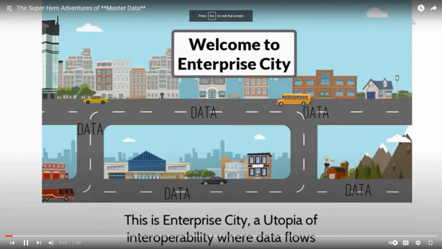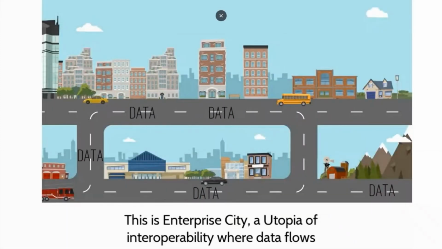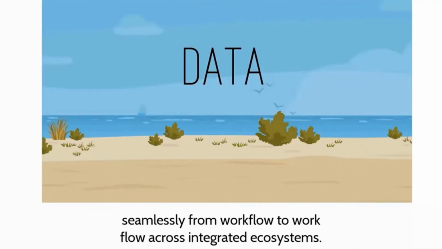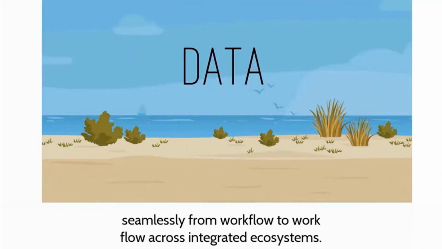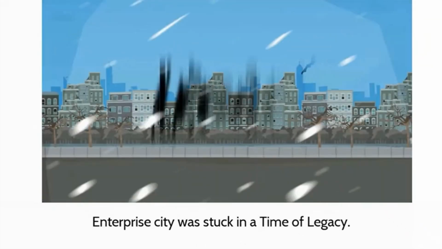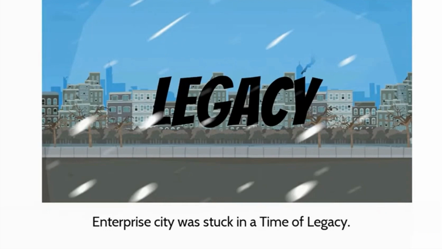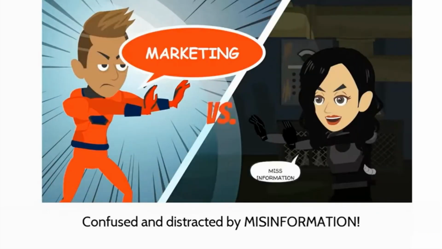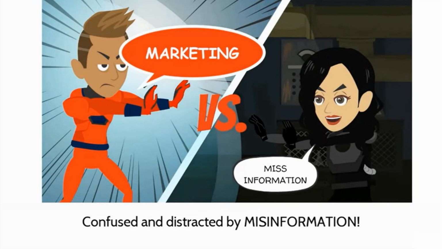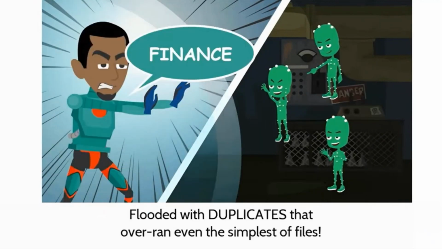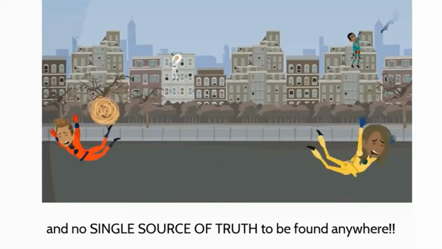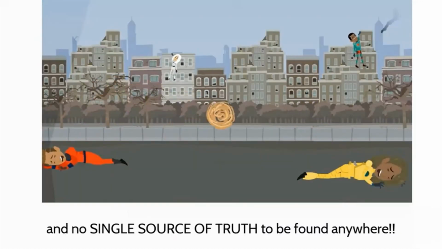This is Enterprise City, a utopia of interoperability where data flows seamlessly from workflow to workflow across integrated ecosystems. But it wasn't always like this. Not long ago, Enterprise City was stuck in a time of legacy, separated and attacked by silos, confused and distracted by misinformation, flooded with duplicates that overran even the simplest of files, and no single source of truth to be found anywhere.